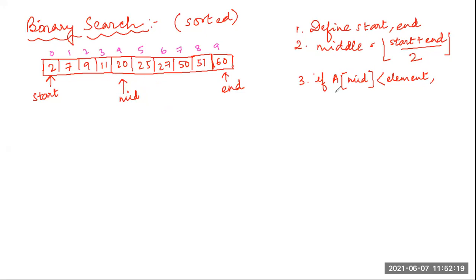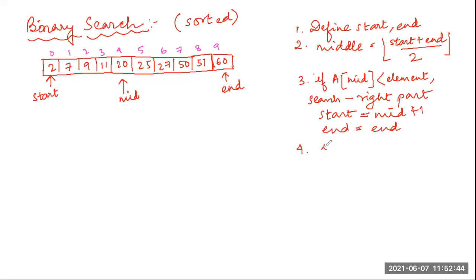So what will happen? I will search the right part, that is right of the middle element, and I will update my start variable to mid plus 1, and my end will be what was remaining, end only.